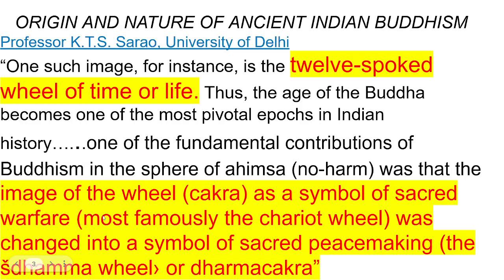The image of the wheel chakra as a symbol of sacred warfare, most famously the chariot wheel, was changed into a symbol of sacred peacemaking, the Dharma wheel or Dharmachakra.